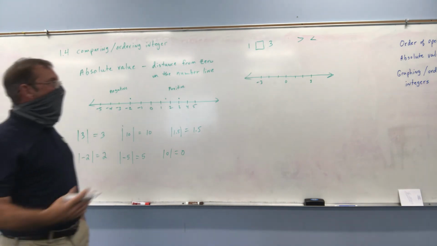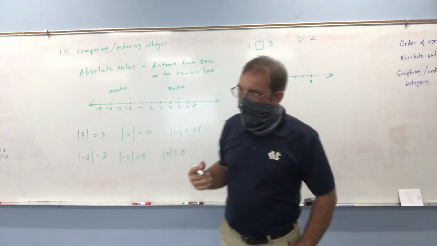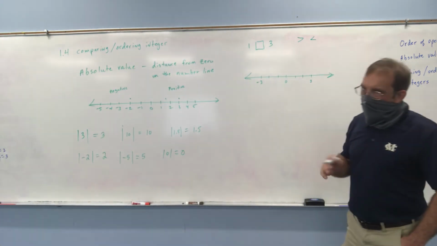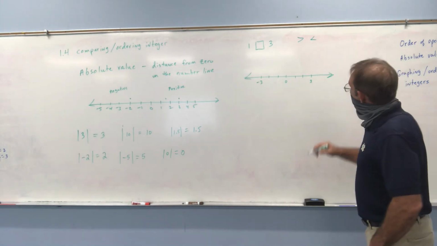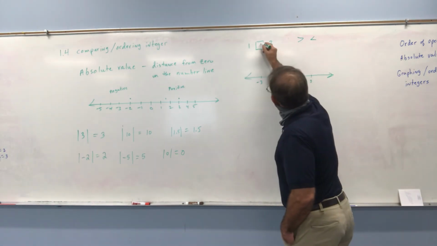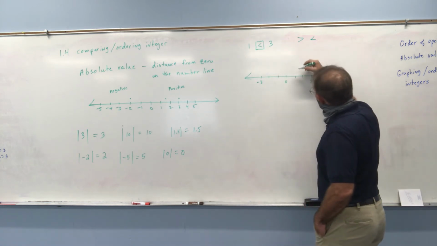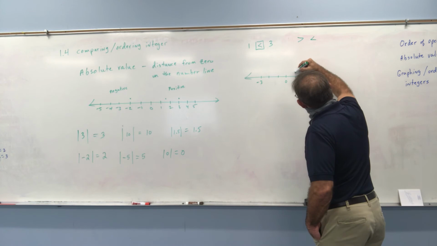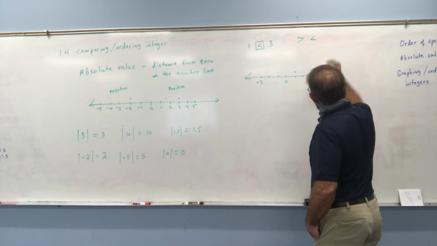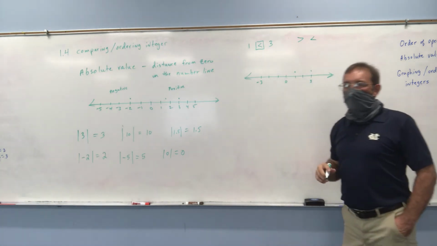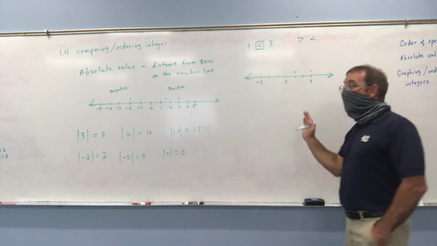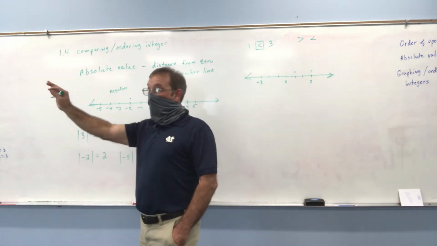Now, we all know 1 is less than 3, don't we? Right? Those are straightforward. 1 would be less than 3. But we can see it on the number line as well, because here's 1 and here's 3. Which one is to the left? 1. And remember, to the left means smaller.